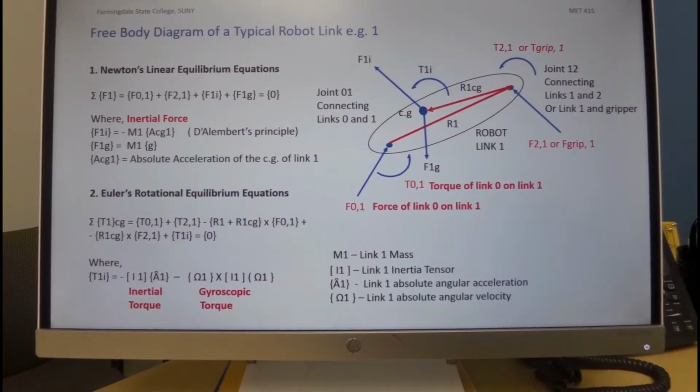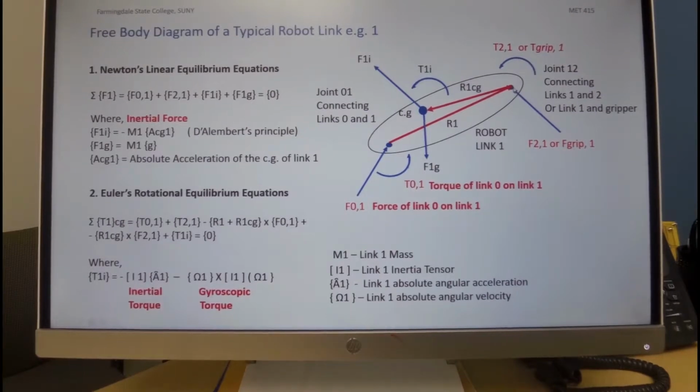Now, in order to find the solution, we have to start looking at the free body diagram of a typical link. We see a typical link here. This link has a center of gravity. It has two joints. This joint is where link 0, the neighboring link, is acting on link 1. We call this one link 1.